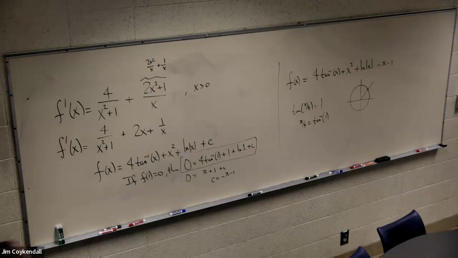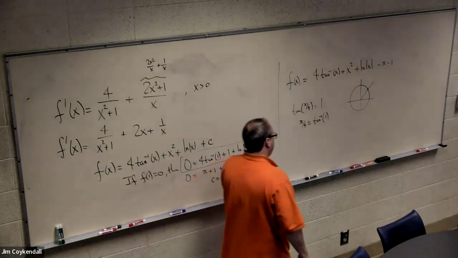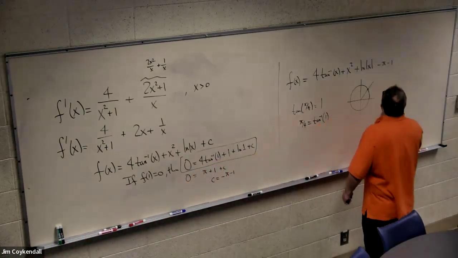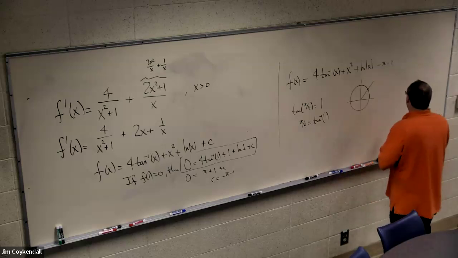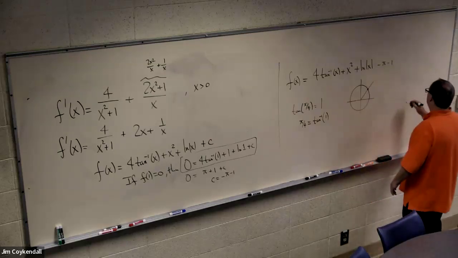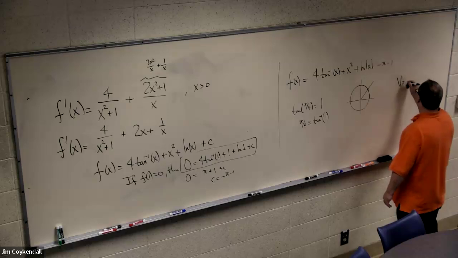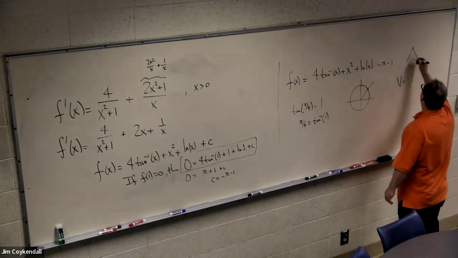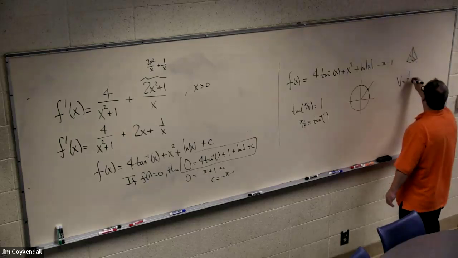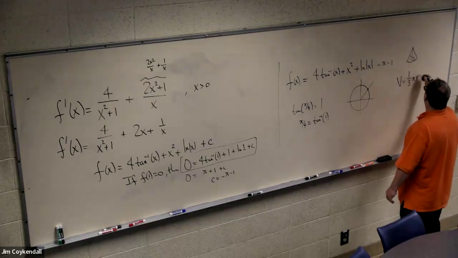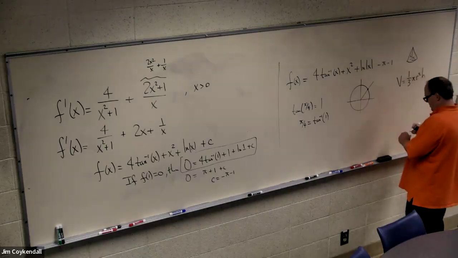Briefly explain. Okay, so I've got a cone, so I'll remind you. The radius R, height H, volume is 1/3 pi R squared H.